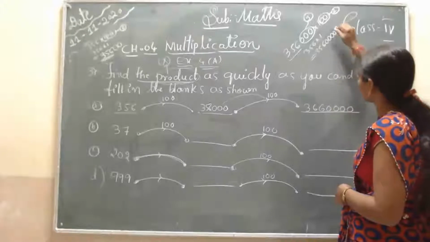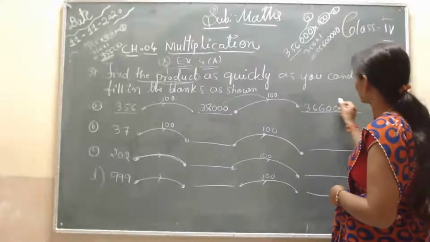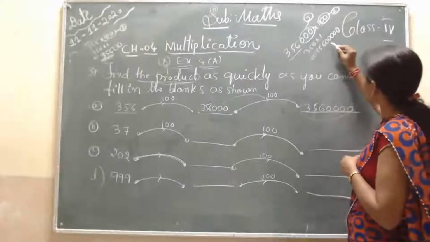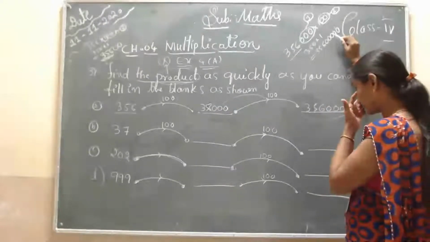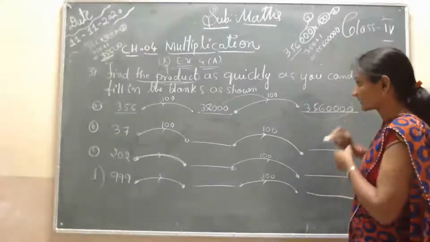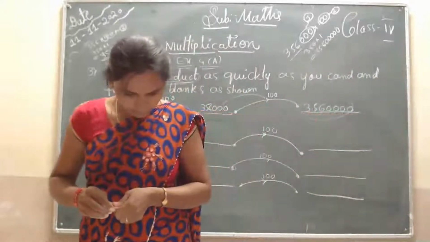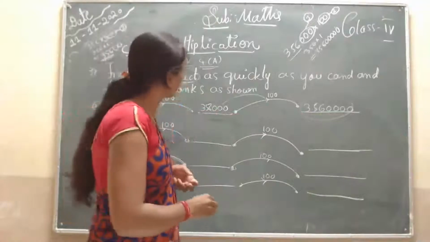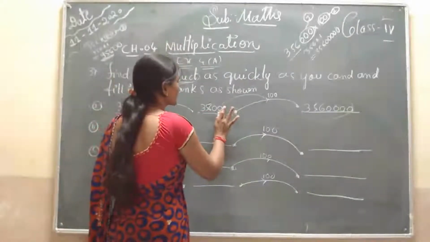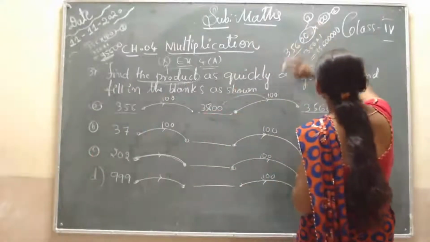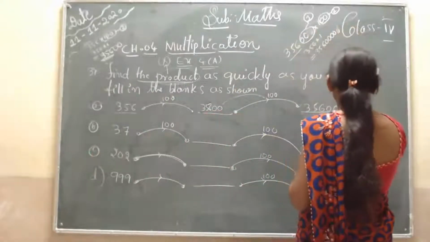Students, once the answer comes, you just have to think about the answer. Here 100 means only 2 zeros, so you have to take 1 less because you have come to 1 here.